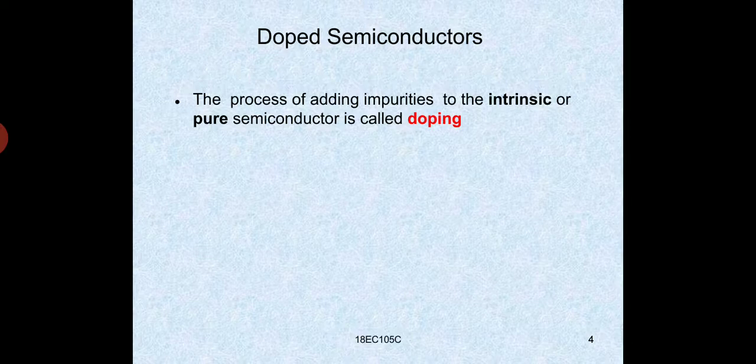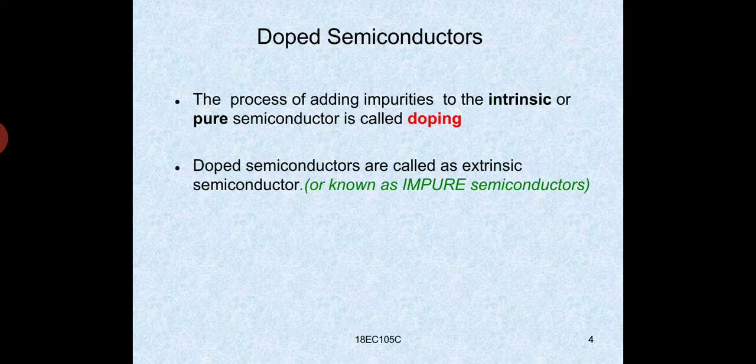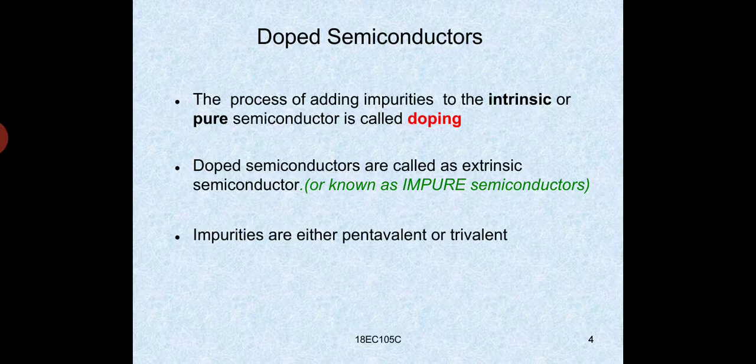That means we are adding impurities to a pure semiconductor to make it impure, and we take care about what impurities we are going to add. The doped semiconductors are called extrinsic semiconductors, or also known as impure, as we have discussed. The impurities that can be added to a material are either pentavalent or trivalent materials.